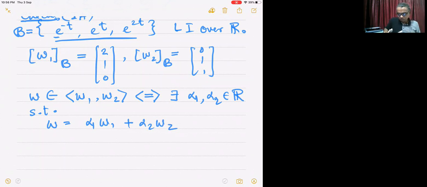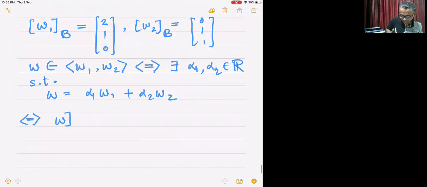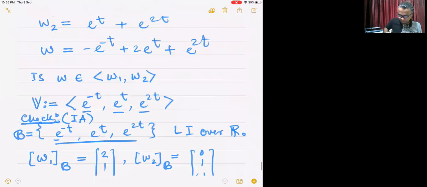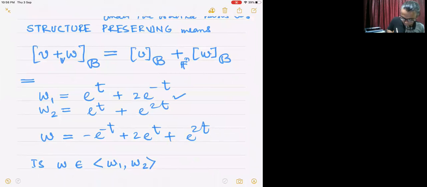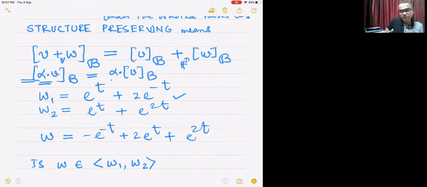But this is equivalent to saying w's representation in B must equal alpha 1 w1 plus alpha 2 w2. I didn't write about the structure preserving part. One more thing which I forgot to write: alpha times v, its representation must be alpha times the representation of v. This multiplication is happening in V, and this multiplication is happening in F to the n.